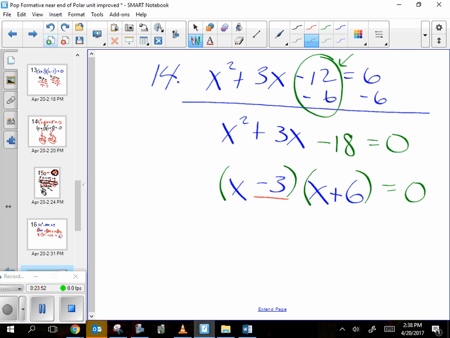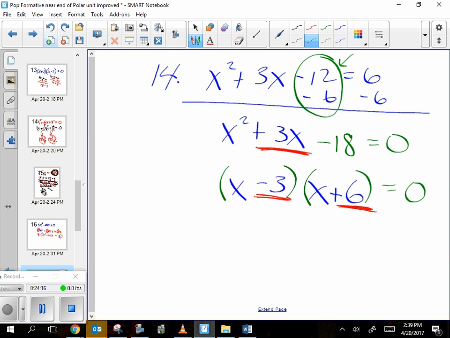Does that plus that equal positive 3? No. The question is, does negative 3 plus 6 make positive 3? Yes, it does. So this worked.